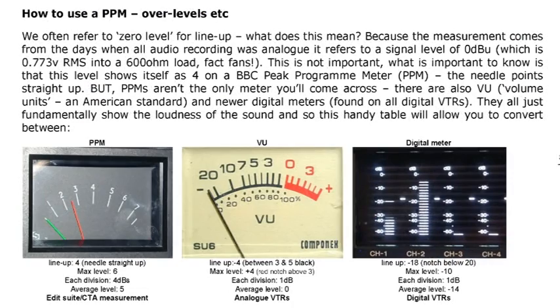And then the final one on the right there is a digital meter, and you see those commonly on digital VTRs. So on the front of your Digibeta machine or your HDCAM machine, that's the meter you'll see. It's slightly different in that it's an electronic display. It doesn't have a mechanical needle, but it shows us absolute digital level.